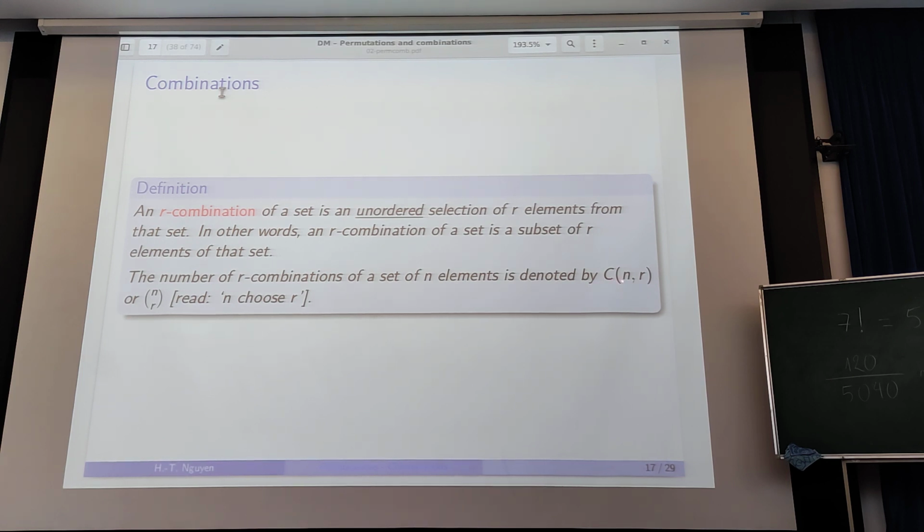C for combination, you can easily guess. You can use either this notation C(n, r), which is easier to type, or you can use this notation, which is read "n choose r".